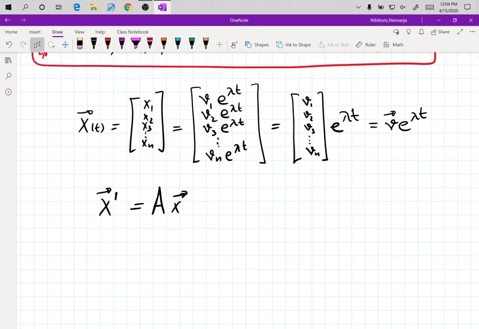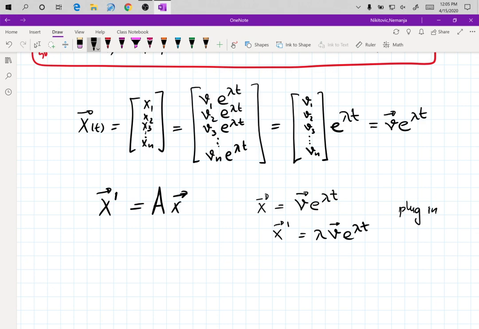And now you know that x bar is this vector v e to the lambda t, and you know that you can differentiate that one, that will drop lambda down, right? Because lambda is a number, like 7 or something. And you plug both in, you will get lambda v e to the lambda t equals a v e to the lambda t.